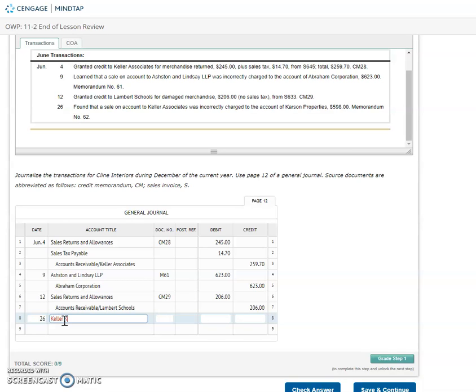So that would be Keller Associates, who it should have been debited to. And memorandum 62 and a debit of 598. And then I'm going to credit the incorrect account. So we incorrectly charged Carson Properties. So I'm going to get rid of that incorrect debit with a credit now.